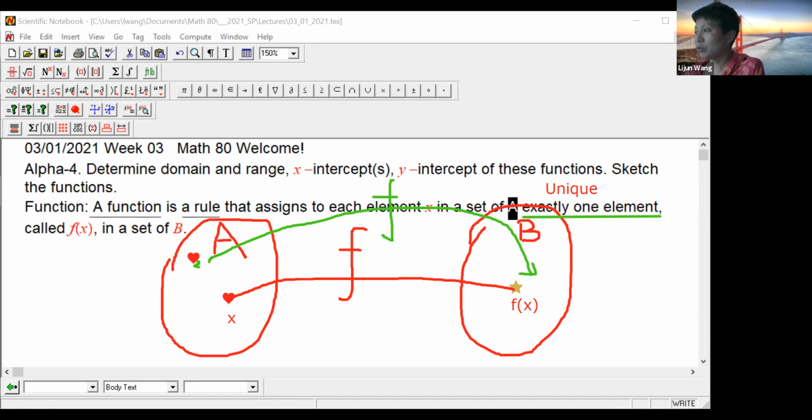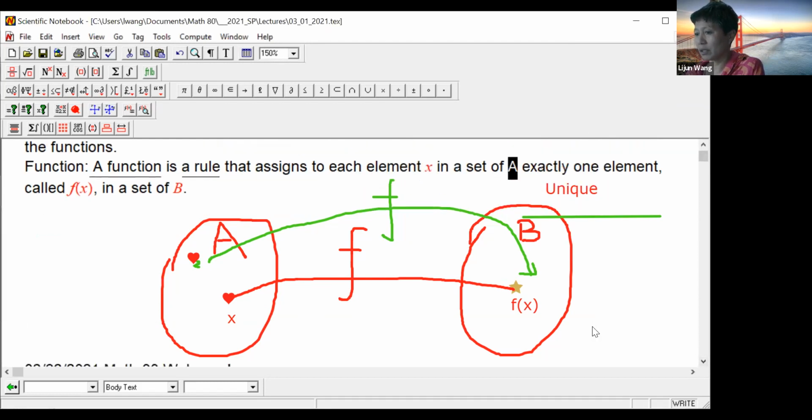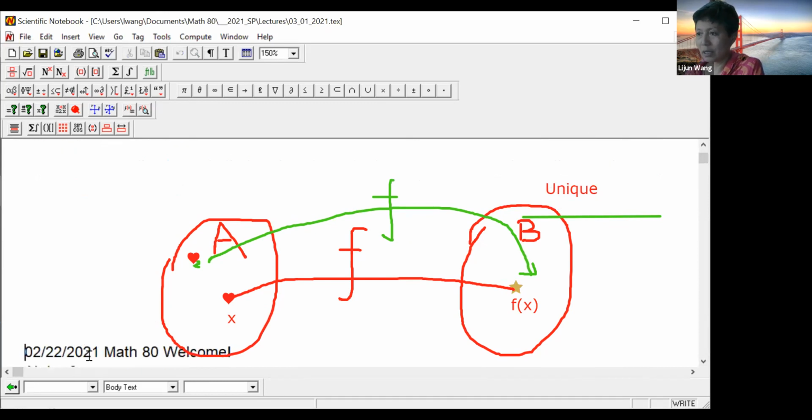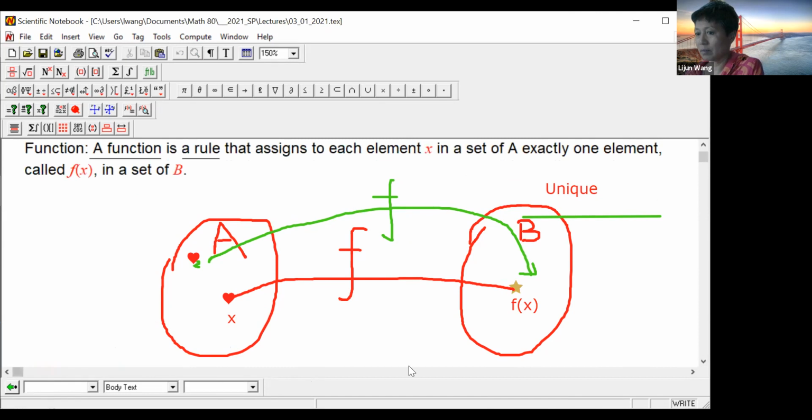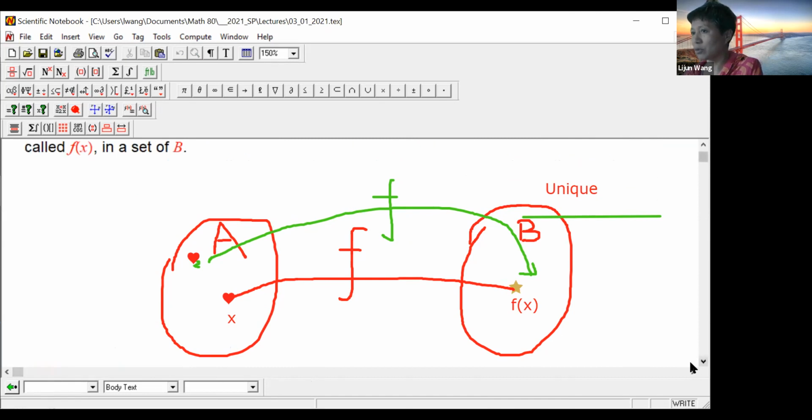I tend to use another set of notation. The element in A, I will call it input.